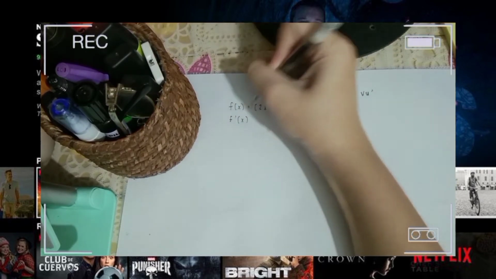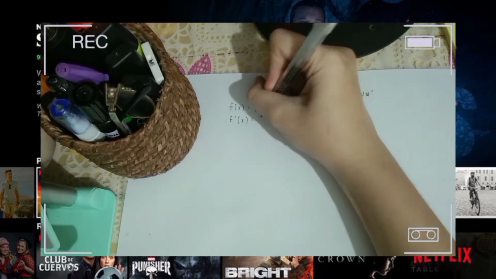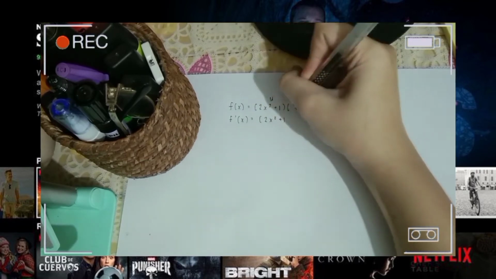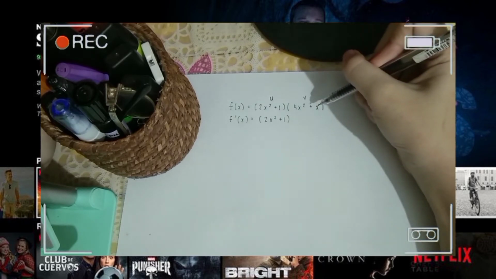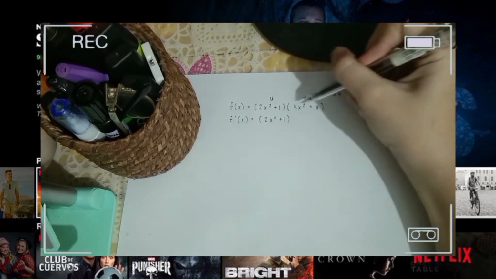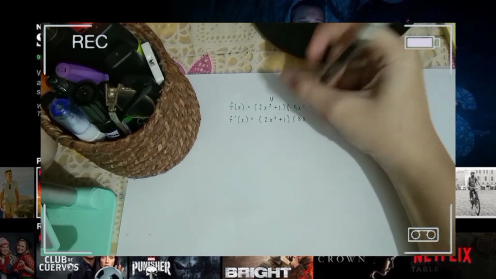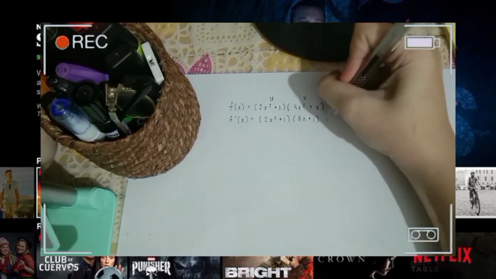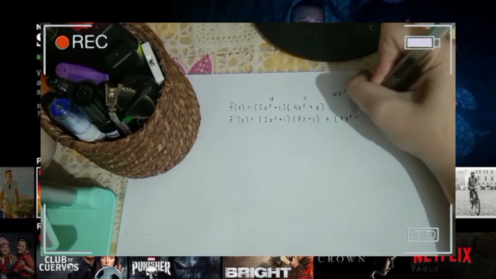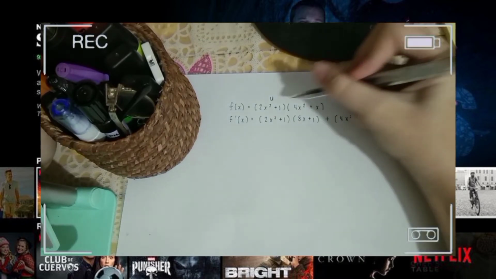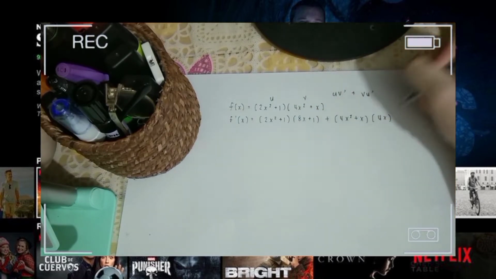The first derivative is equal to the first function as it is, so that would be 2x squared plus 1, multiplied by the derivative of the second function, which would be 8x plus 1, plus the second function as it is, 4x squared plus x, times the derivative of the first function, which is 4x.